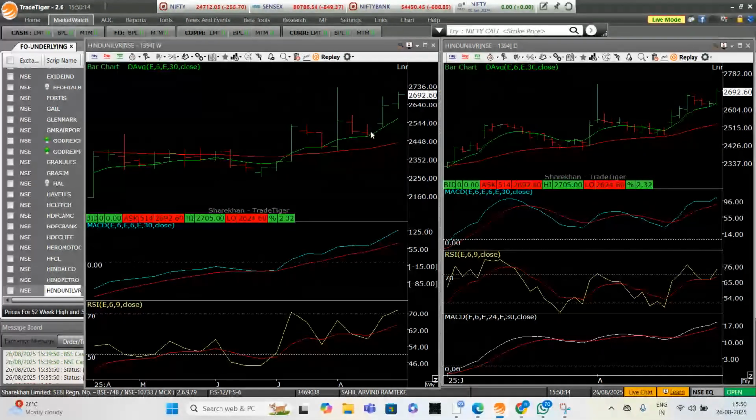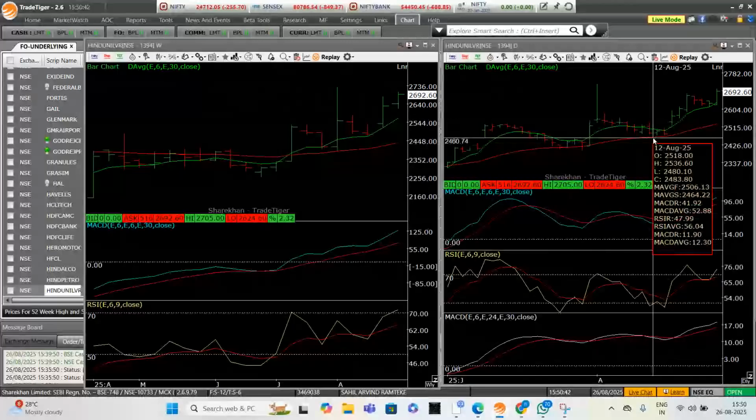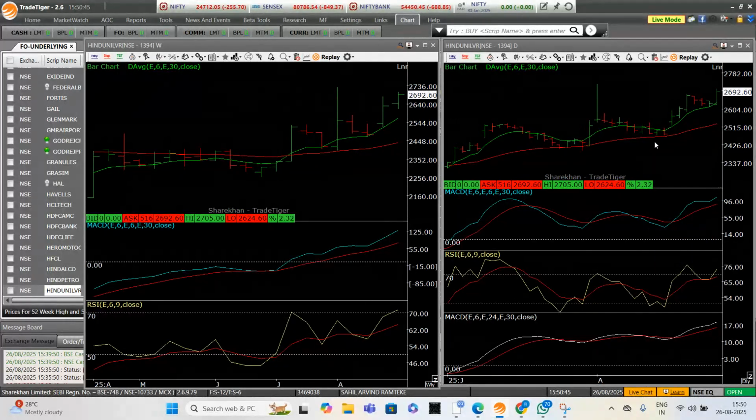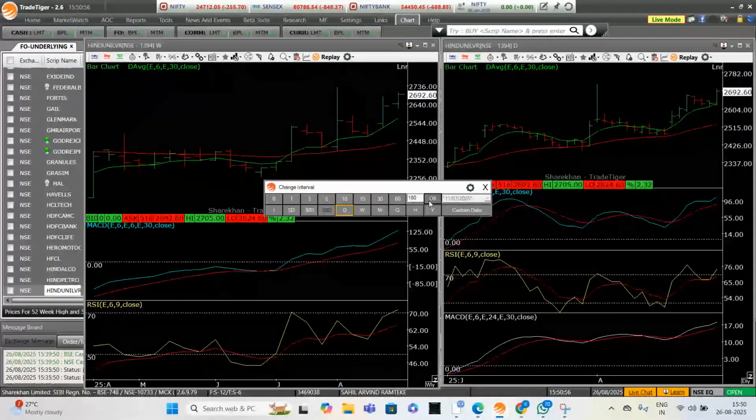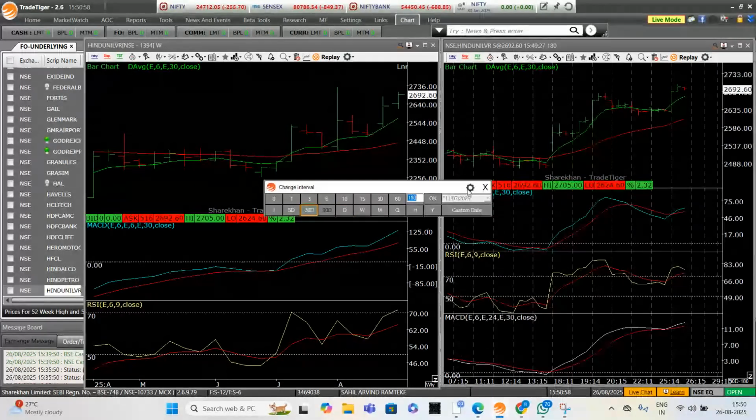At the same time it has come near the daily 30 level, correct. Now the moment it will start trading near daily 30, what we will do, we will go to the H3 chart, and we will just see whether the prices are closing above the H3 E6 and the RSI is also sustaining above signal line or no.